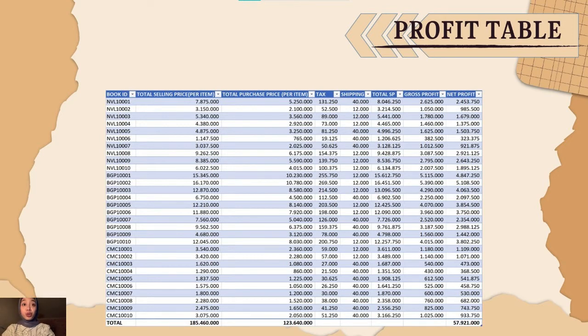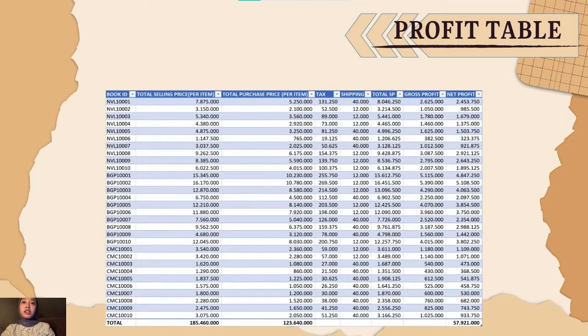purchase in month 2. For tax, we use a formula. The formula is equal to product. For shipping, for total SP, we use formula 2. The formula is equal to sum. For gross profit, we use formula 2.